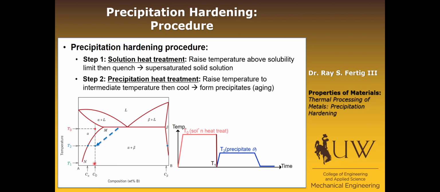All this is, we then heat that supersaturated solid solution up to some intermediate temperature, here shown by T2, and we hold there for some time until those beta particles begin to precipitate out of the alpha matrix. Okay, so it's fairly simple. That's all the procedure requires.